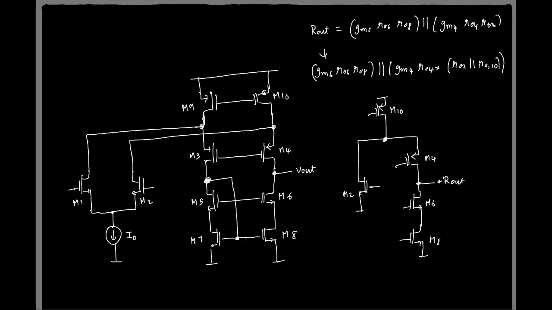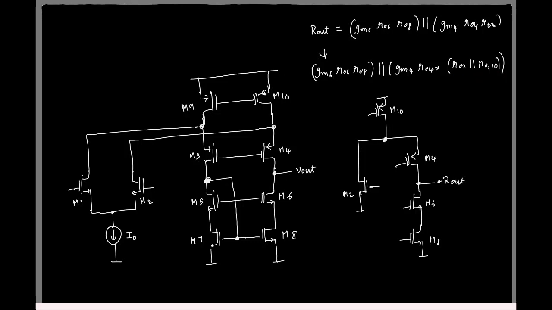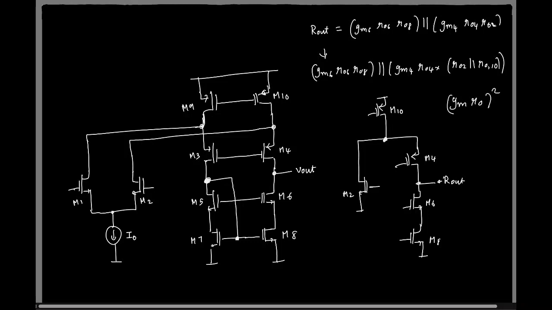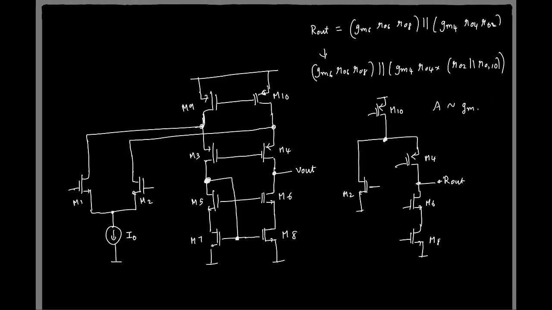So now we see that the output resistance has slightly reduced compared to what you had in the telescopic cascode. There you didn't have this additional parallel combination term. So the gain might be slightly lower, but it is still of the order of gm r naught squared.